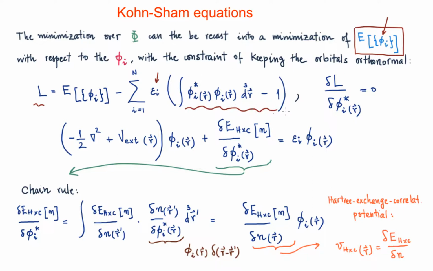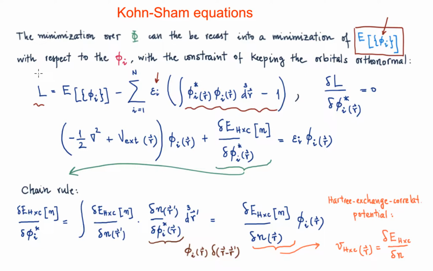The constraint is associated to the normalization of the one electron states. And we have to sum over all the different orbital states that we have. In this case, we have n orbital states because we have n electrons. So this is the new functional we are going to define.